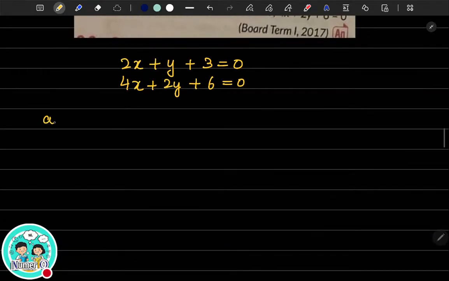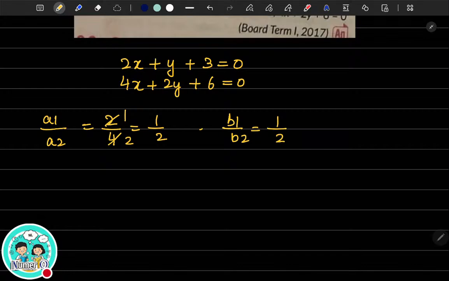So what is your a1 by a2? It is 2 by 4, which is 1 by 2. What is your b1 by b2? That is also 1 by 2, right? What is your c1 by c2? That also happens to be 3 by 6, which is nothing but 1 by 2.